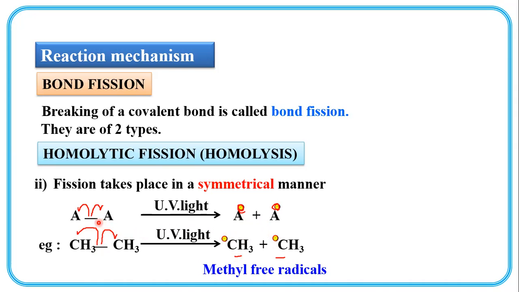Now here you can see this breaking of bond can be shown with a half-headed arrow, which is also called a fish hook arrow.